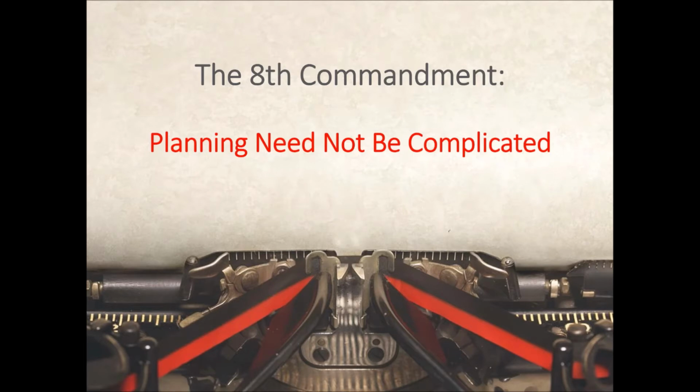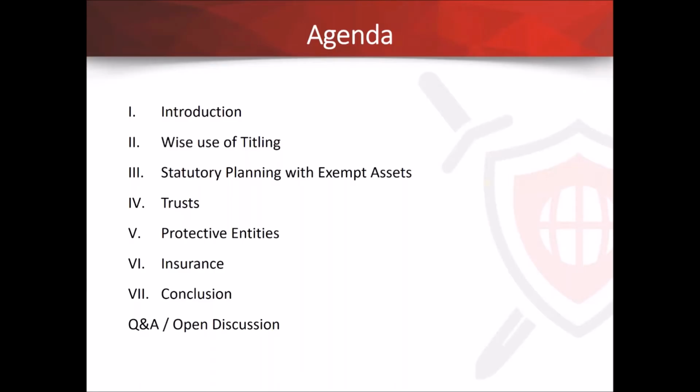So we have an introductory page, and we'll talk about what we're going to do today. This is some of the basics. This could actually be maybe the first commandment, but as we go through some of these issues, some of the stuff we'll talk about today, broadly, we talk about in more detail in other webinars or seminars.